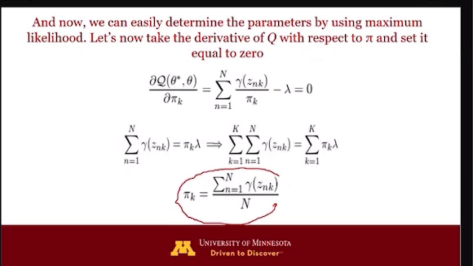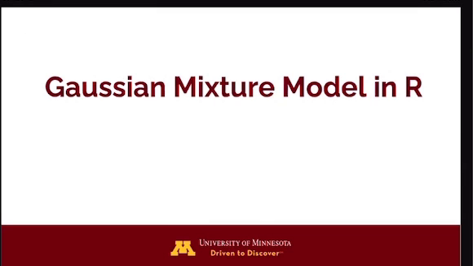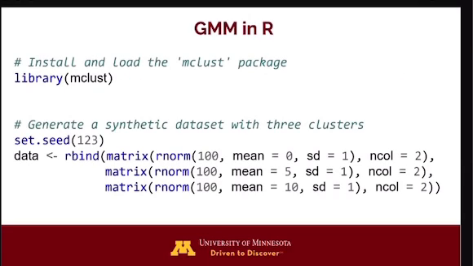But you know what I want to walk you through now? How do we do this in R? Please pay attention. To do this in R, you're going to load a package called mclust. Now, I want to deliberately simulate data, and I want to have data for three clusters. Please pay attention. I'm simulating from Gaussian.